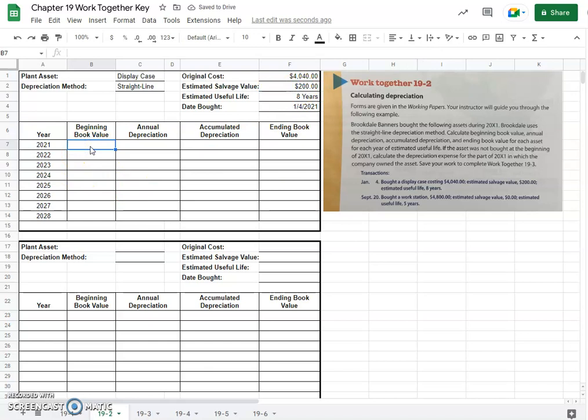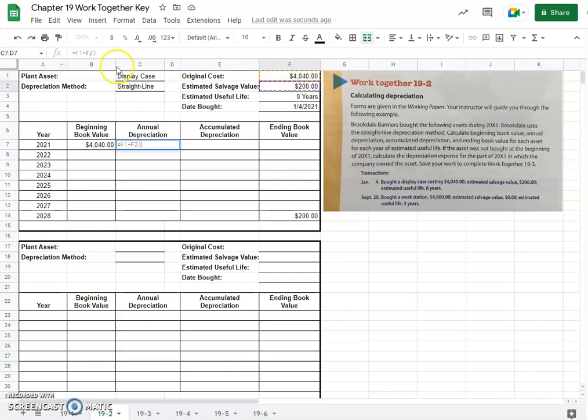Okay. So our beginning book value, of course, is going to be the $4,040. And we know that our ending book value had better come out to the salvage value of $200, right? So how do we get our annual depreciation? The answer to that is our original cost minus our salvage value.